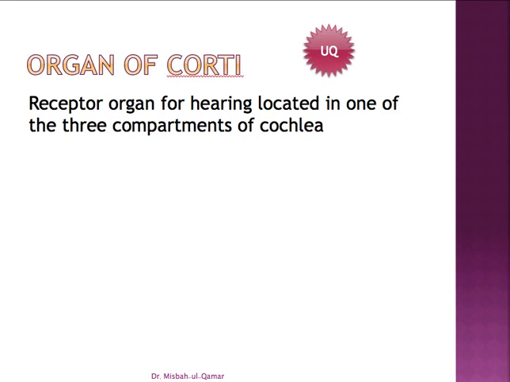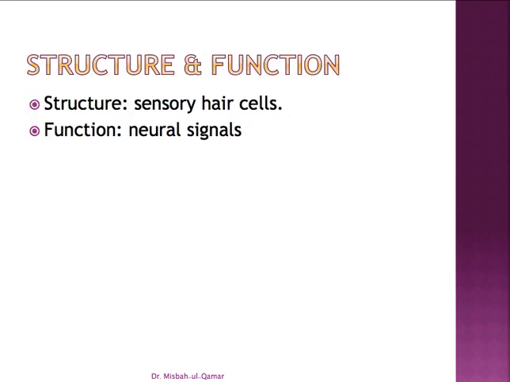It's a neuroepithelial structure. It is the receptor organ for hearing, located on the basilar membrane in one of the three compartments of cochlea. Right. So let's have a look at the structure and the function of the organ of Corti.